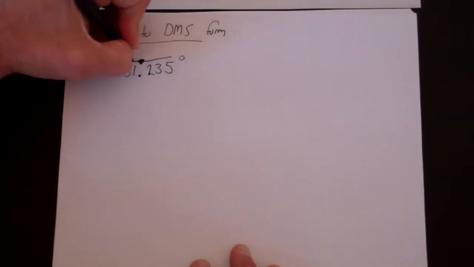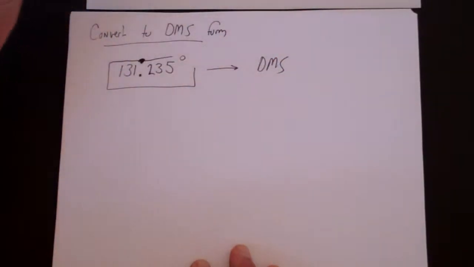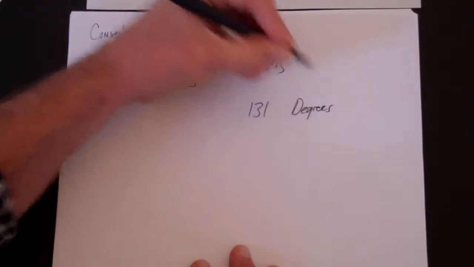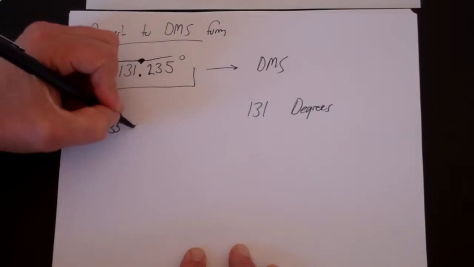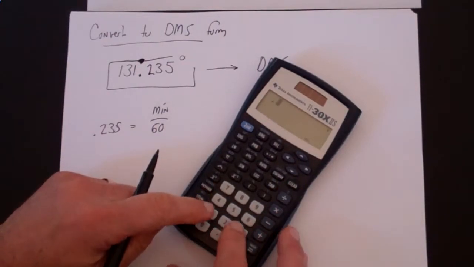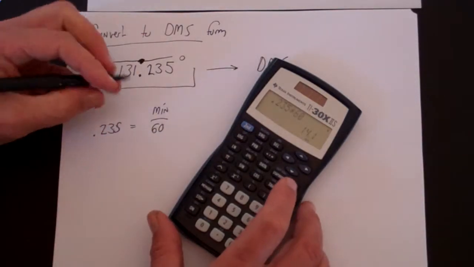So you want to convert this to DMS form. The degrees are easy. It's 131 degrees. Then you need to solve for this. So it's 0.235 is equal to minutes over 60. So let's multiply that. 0.235 times 60. And you get 14.1.